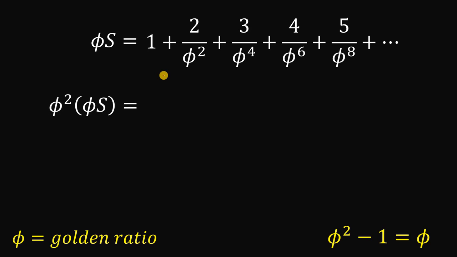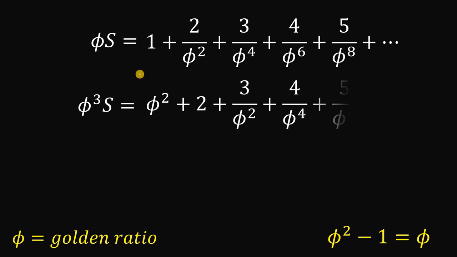So, if we do that, we get something like phi cubed times s on the left-hand side, and on the right-hand side, we get something like 1 times phi squared, we have phi squared. 2 over 5 squared times phi squared is just 2. 3 over 5 raised to the 4th power times phi squared, so this becomes 3 over 5 squared, and so on and so forth. Now, again, what we're going to do is to rearrange some terms a little bit, and we need to subtract the first equation from the second equation.